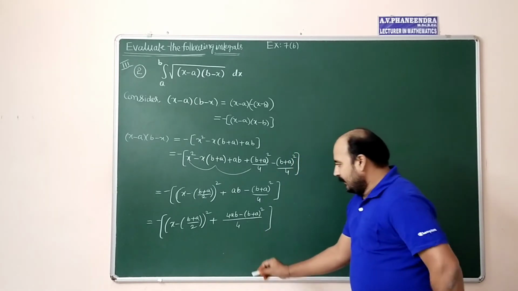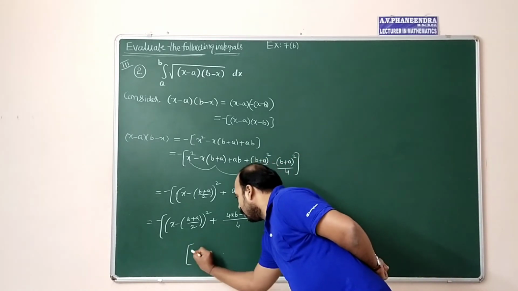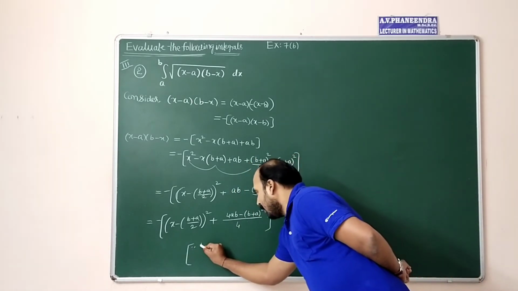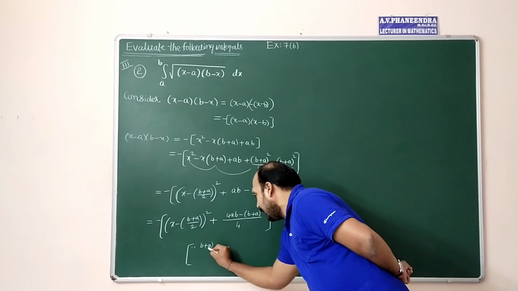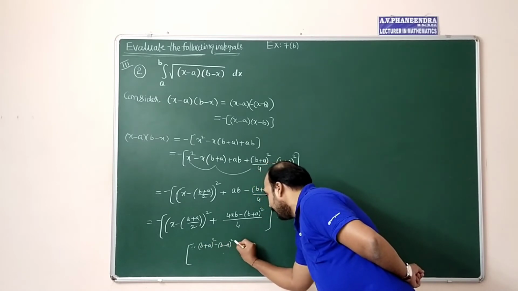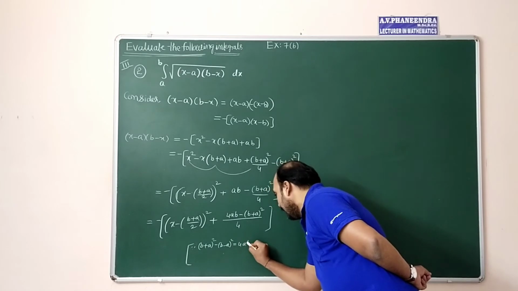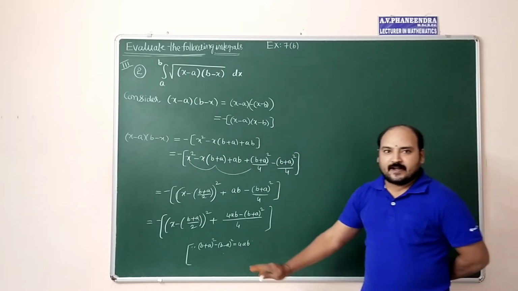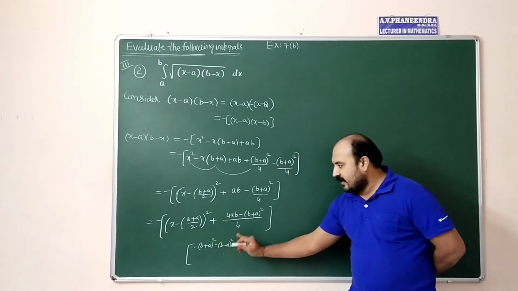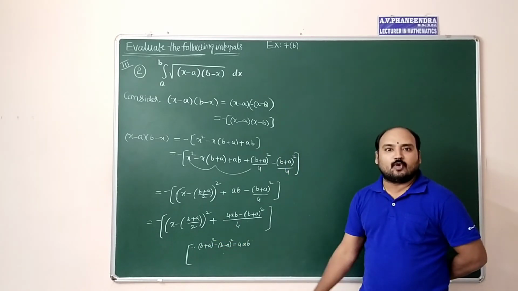Observe carefully, we know that (b plus a) whole square minus (b minus a) whole square equal to 4ab. This is the standard formula from algebra. (b plus a) whole square minus (b minus a) whole square equal to 4ab.